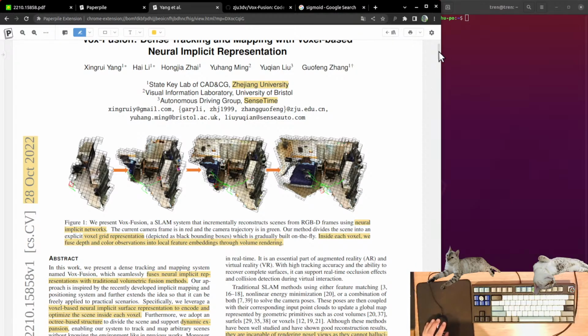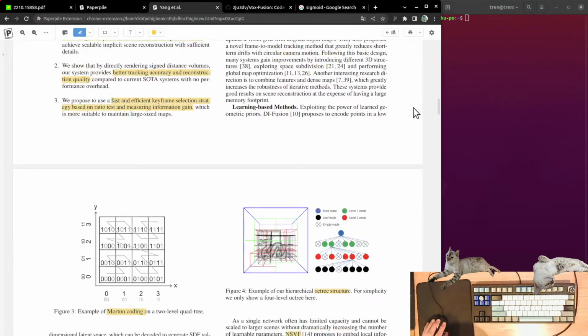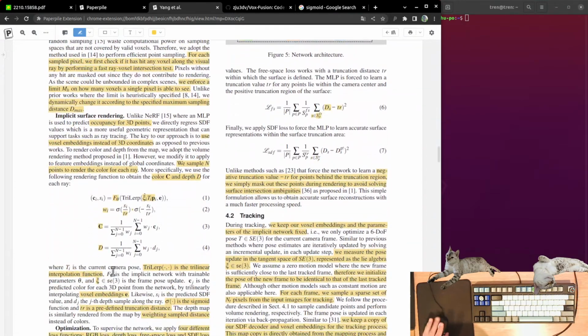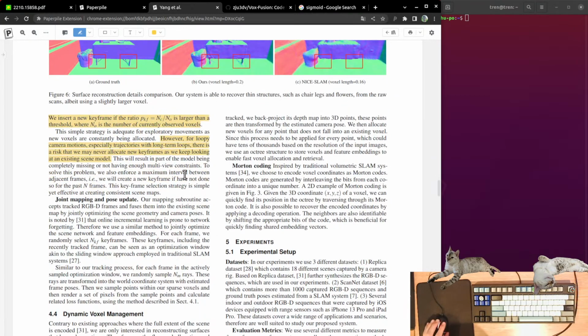But let's say instead you had a different type of scene, right? They call it loopy, but basically you have a camera just moving around in the same place over and over again, and then the stuff in the actual place keeps changing. Maybe you're looking at, I don't know why you would perform SLAM where all you're doing is staring at a single dog, for example, or an animal that changes.